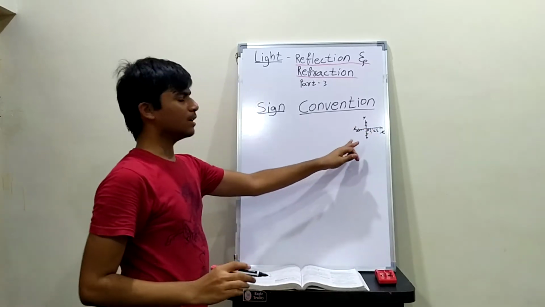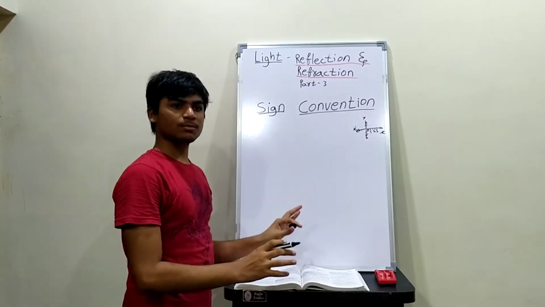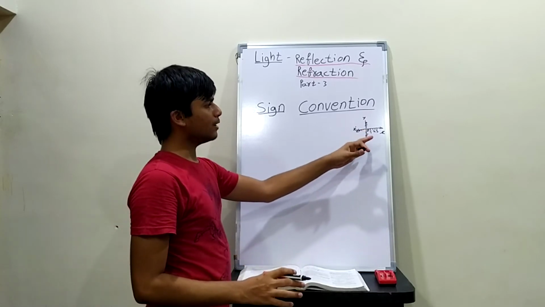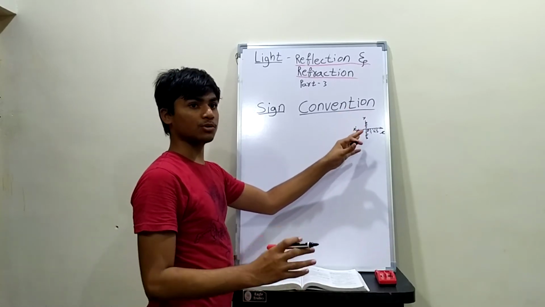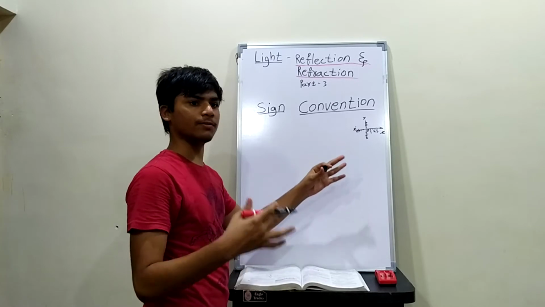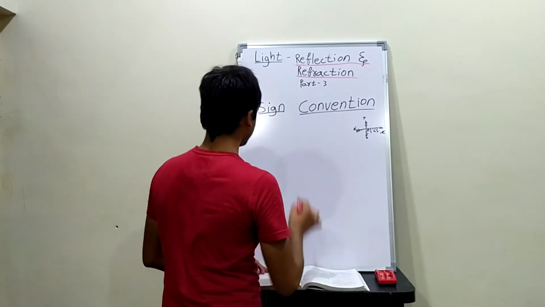You might have seen this, right? This is also the same. Just the values we refer to according to this, which are positive and which are negative, but diagrammatically when we draw it, it's different. Okay, so let me draw it once.